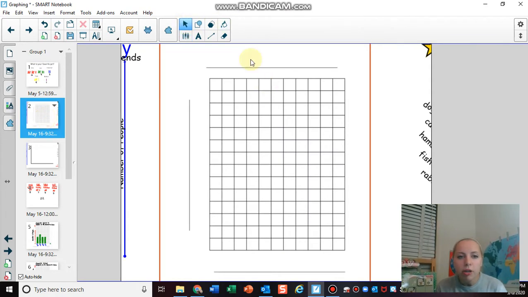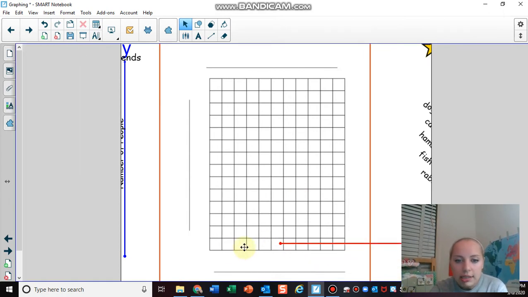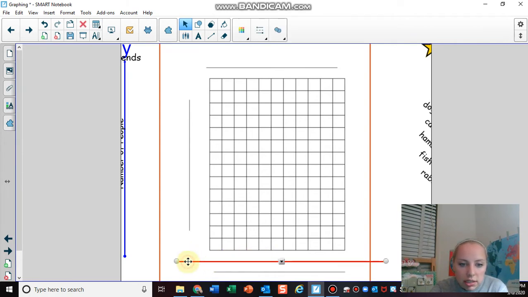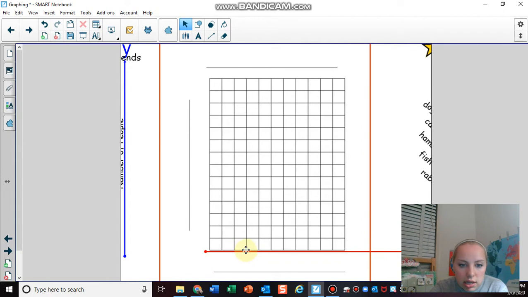The first thing we're going to do is review our x and y axes. The x-axis goes from side to side, so where my red line is, that is the x-axis. I'll line it up perfectly so you can see where it is, and we'll label it.